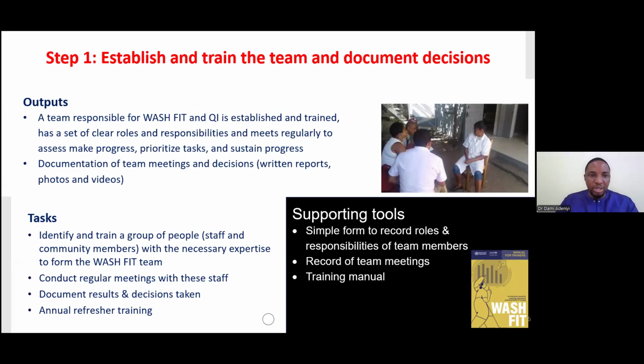And then documentation of the meetings is extremely important. So we often say what is not documented is not done. So the team is as important as the documentation of the meetings. And this is important because of sustainability, such that when you want to commence another cycle, you have documents that can guide you on how the previous cycle went.